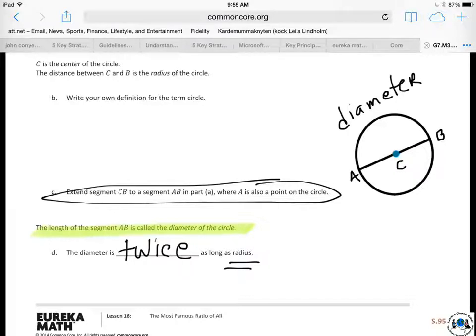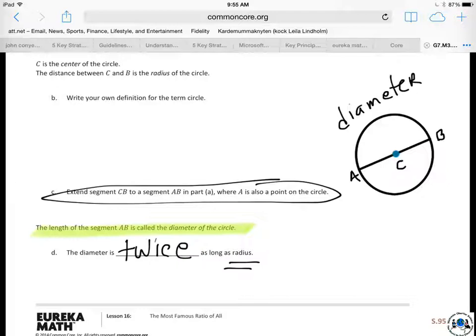On a circle, every single time, every line of diameter you draw, and again, it needs to be drawn correctly. I'm not sure exactly how correctly I drew that diameter. A good way to draw a diameter exactly in the center of a circle is if you cut out a circle and fold it in half and then fold it in half again, you have that point in the middle, which is your perfect center.